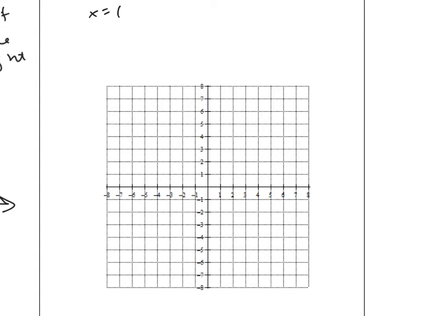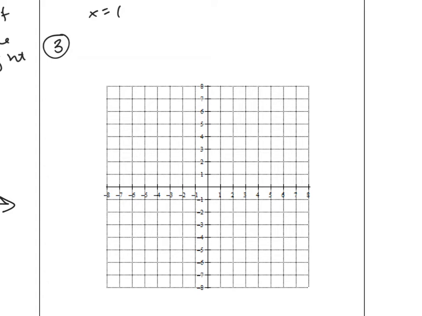So here we have x is equal to 1. That means we're going to shift right 1 unit. Now, the last part, we need to pay attention to this plus 3. 3 is being added to the outside of our square root.